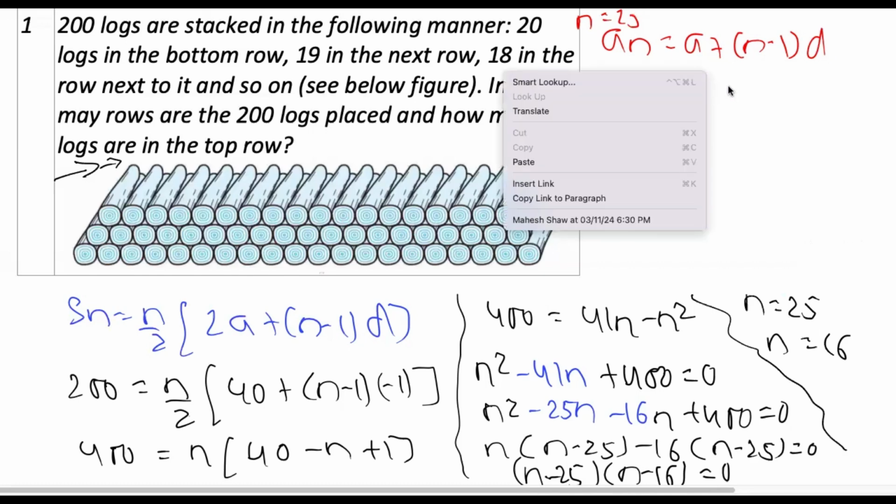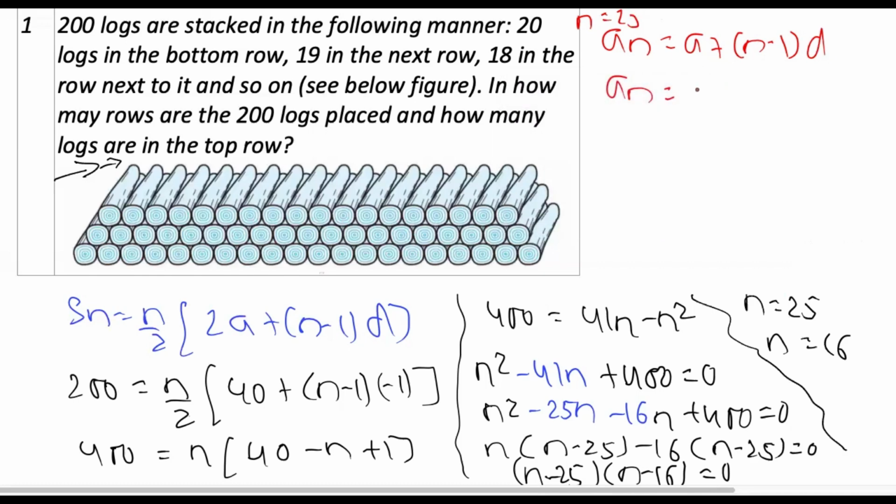A is 20 plus (25 minus 1) and d was minus 1. So we got 20 plus 24 multiplied by minus 1, which is minus 24. So an comes out to be minus 4.